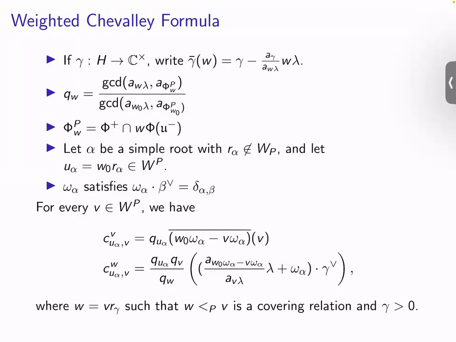So the way to think about this, W naught omega alpha minus V omega alpha, without the bar, you can write as a linear combination of negative simple roots. And then the bar is a linear operator, so you get more or less a non-negative linear combination of negative weighted simple roots at V. Okay, so it's at V, and V is in the support of U alpha and V over V.